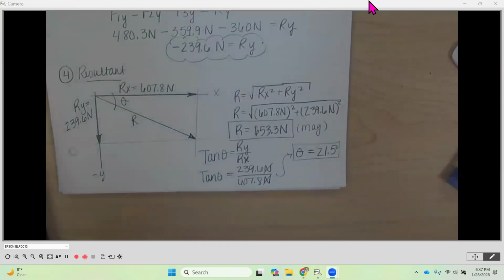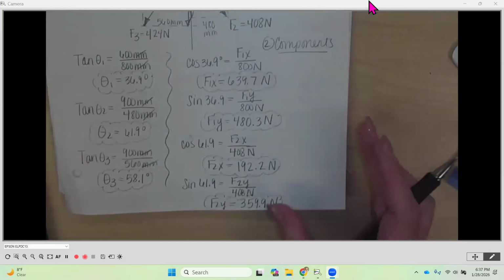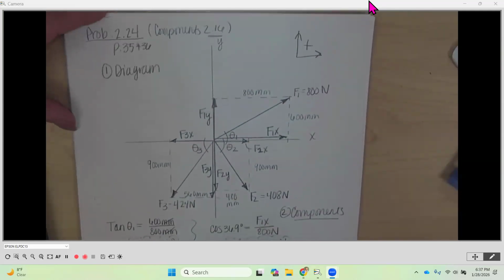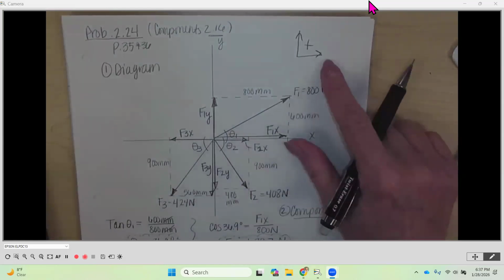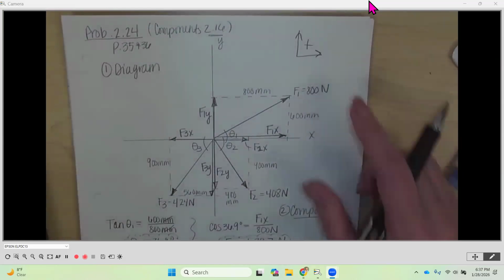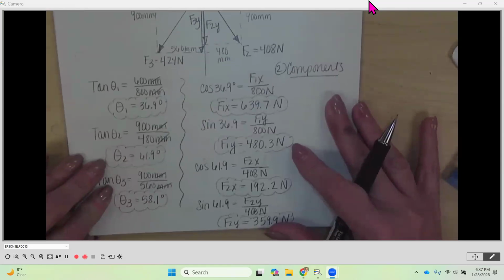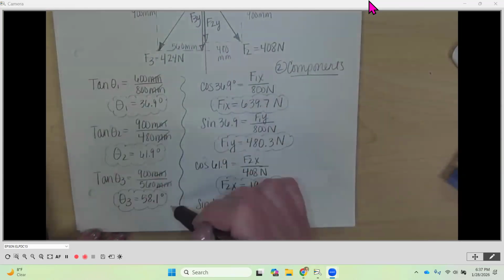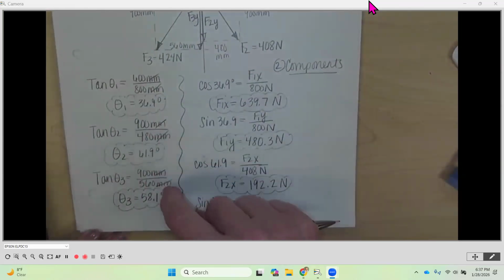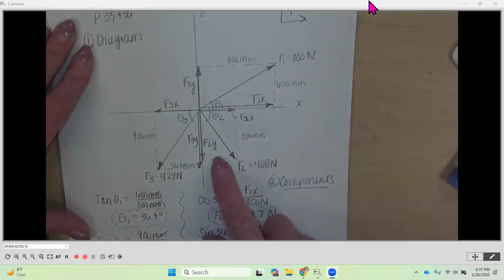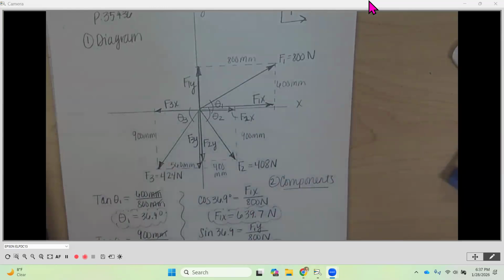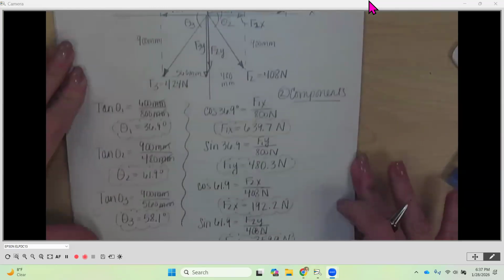So again, for this problem, first step was creating our diagram, showing our components, identifying our convention. Then calculating anything we needed to. The calculations here on this side were the individual angles, because this particular problem actually gave us distances or the slope of the lines, if you would. So we needed to calculate the individual angles first.